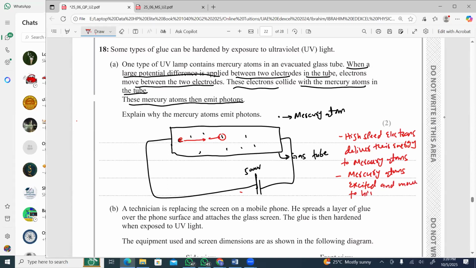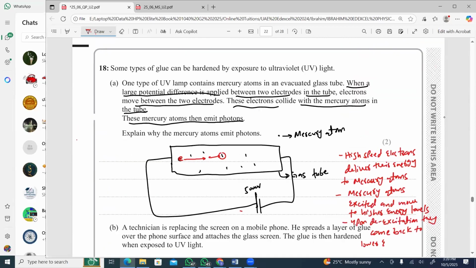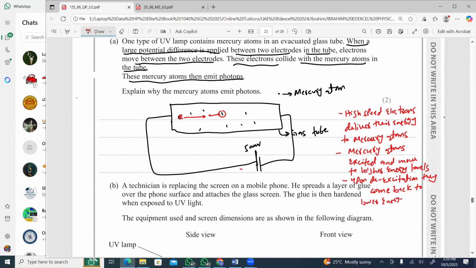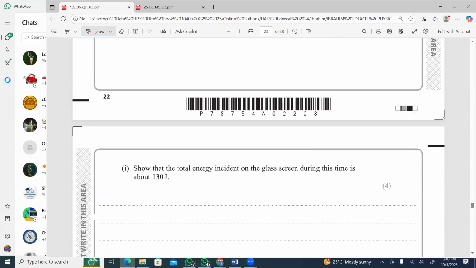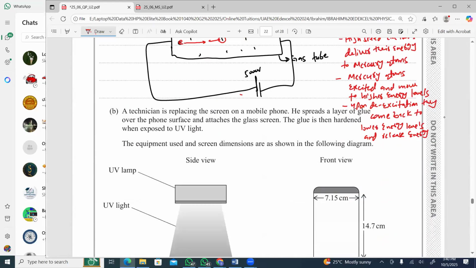So upon de-excitation, they come back to lower energy levels and release energy in the form of photons.